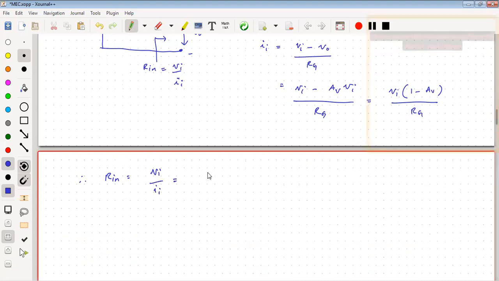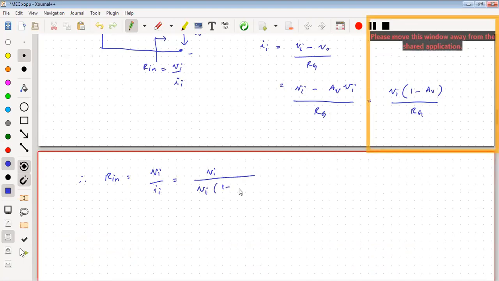Substitute the value of Ii here. So Vi divided by Vi into 1 minus Av divided by R. So Vi will get cancelled. So Rin is nothing but R by 1 minus Av.